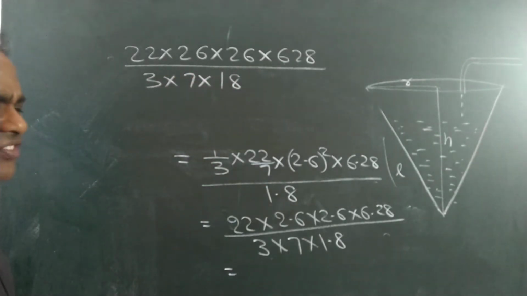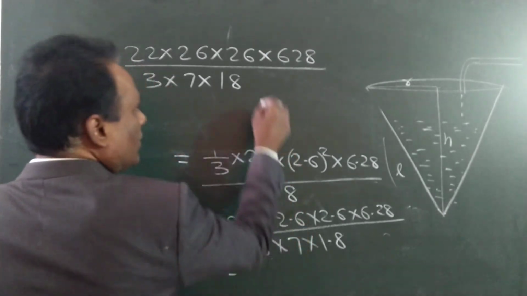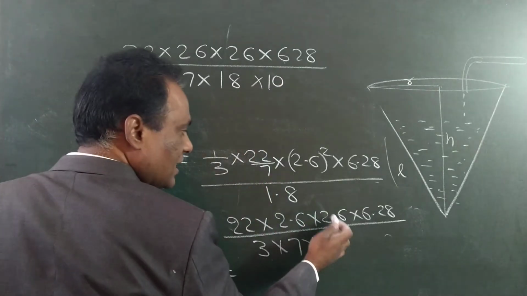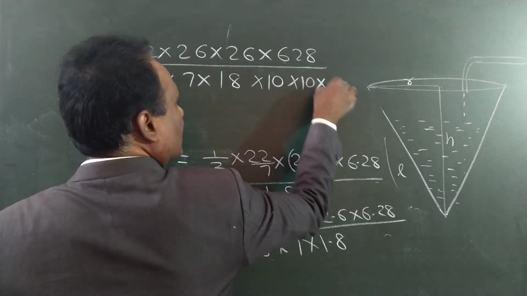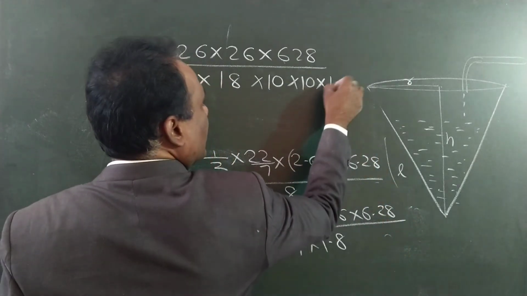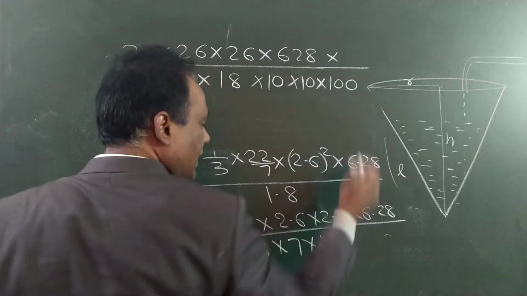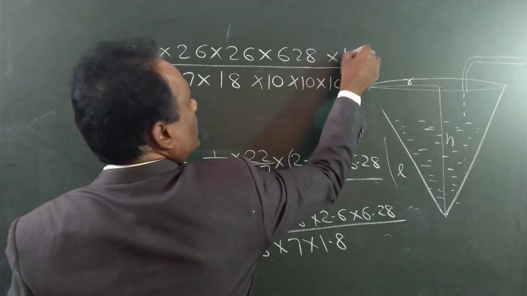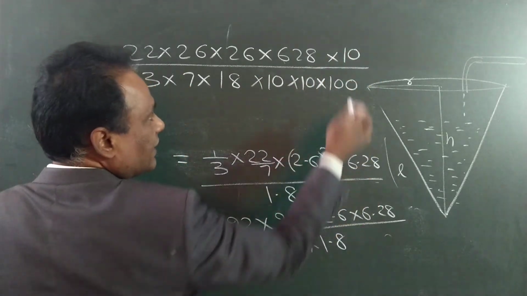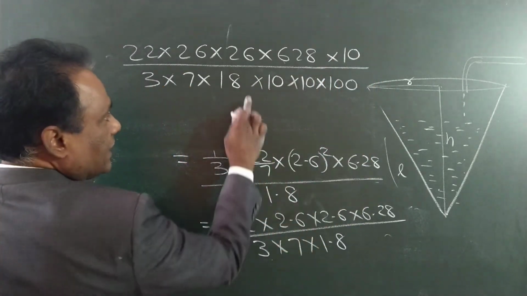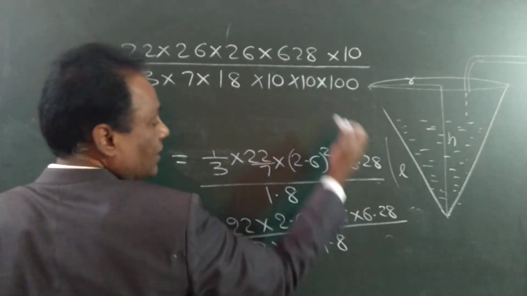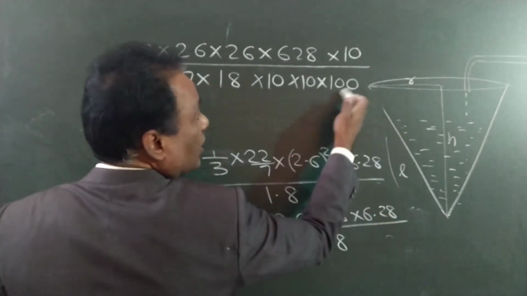I am removing all the decimals. If you remove this decimal, we will get 10 here. Another decimal, we will get 10 here. After decimal, 2 digits, 100 here. Removing the decimal in the numerator, we get 10 each time. In the denominator, 10 for one decimal, another decimal 10, another decimal after 2 digits, so 100.